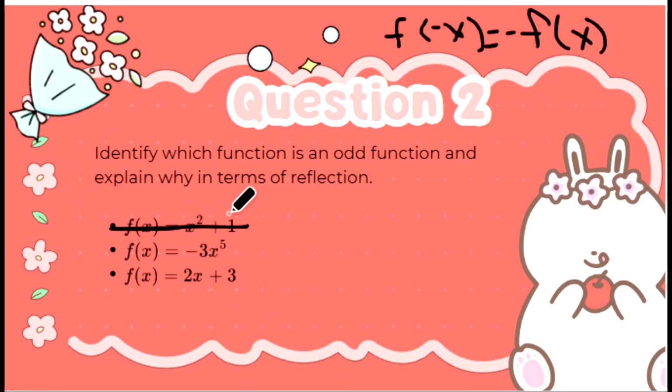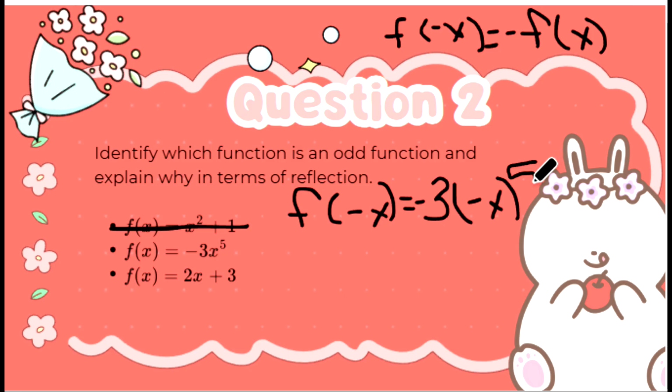Let's try the second one. We're going to start with f of negative x. So f of negative x is equal to, every x becomes negative, so negative 3 times negative x raised to the 5th power. Every time that you're raising to an odd number, the negative is going to stay. So this is going to be negative 3 times negative x to the 5th.